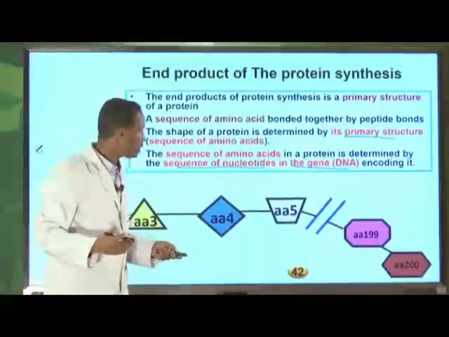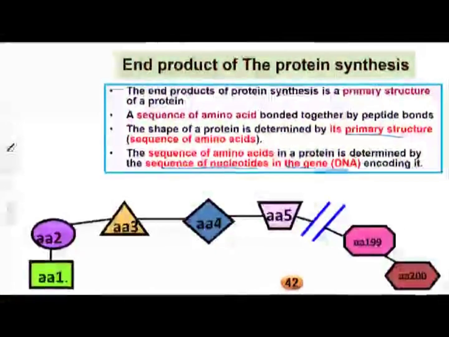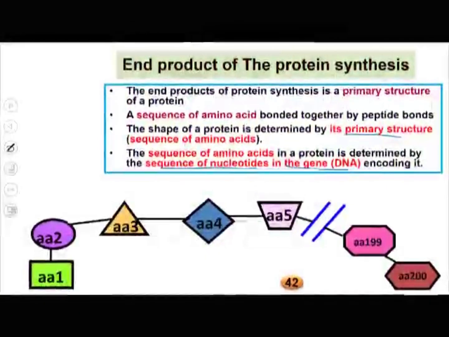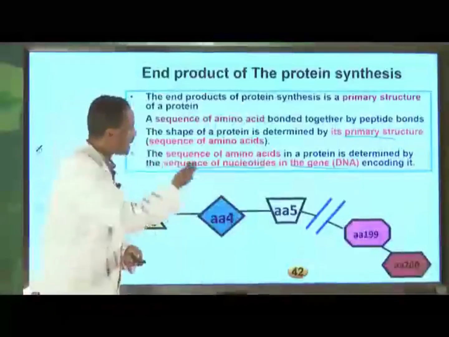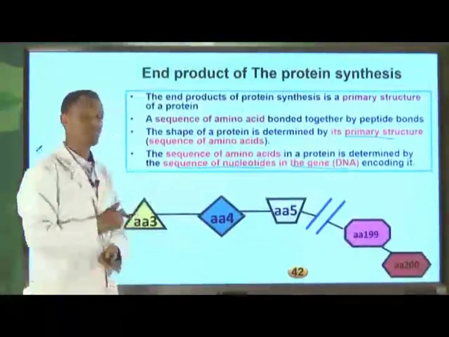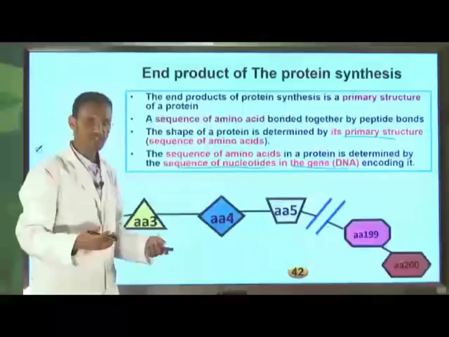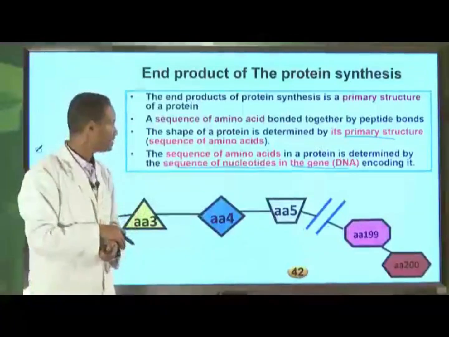From this we can conclude that the primary structure of protein is determined by the gene. Many types of polypeptides can be formed, and the polypeptides come together to form protein molecules.